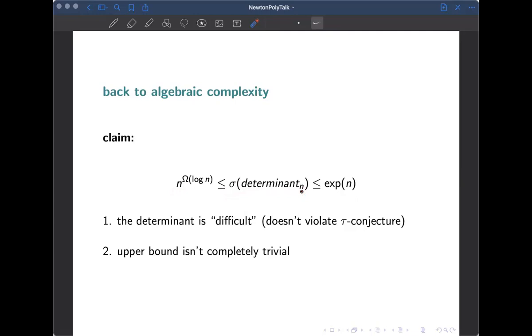Another comment I want to mention is that the shadow complexity of the determinant, as I said before, is related to finding the maximum matching in a weighted bipartite graph.